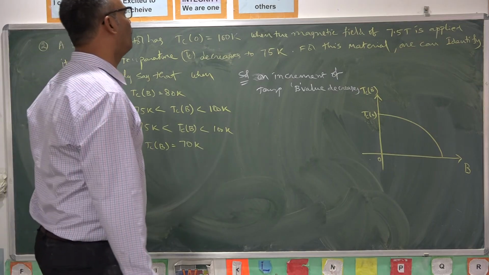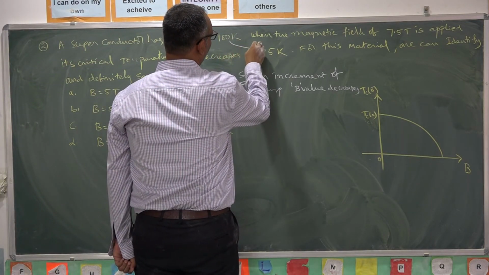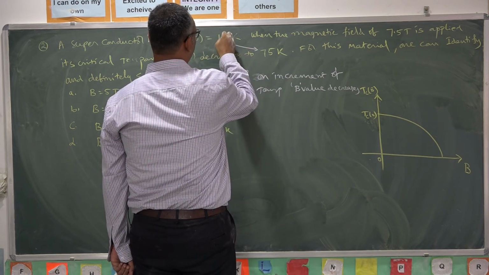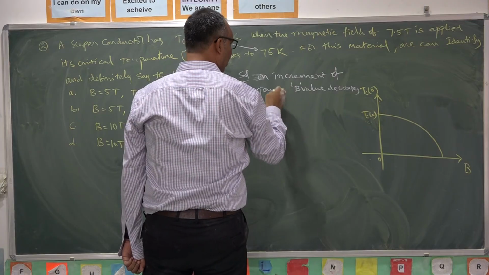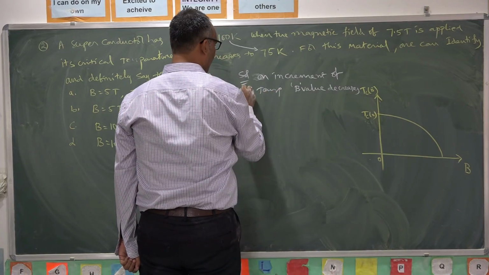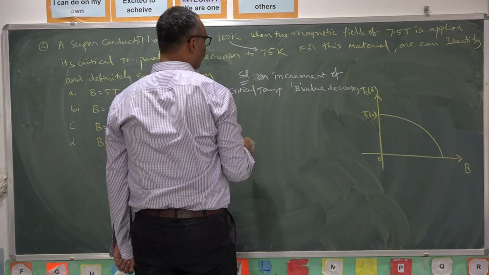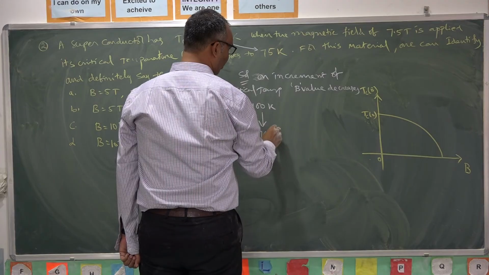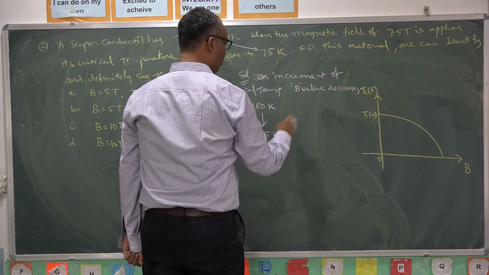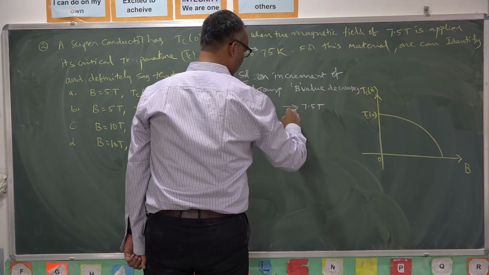So here actually the critical temperature has fallen from 100 Kelvin to 75 Kelvin, and this is 7.5 Tesla.